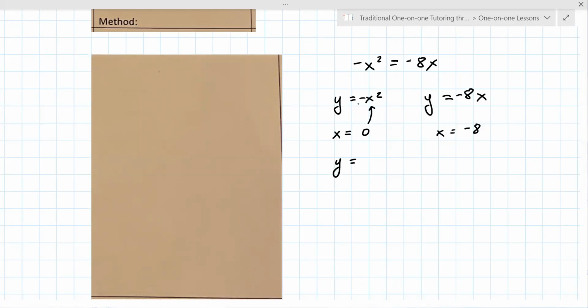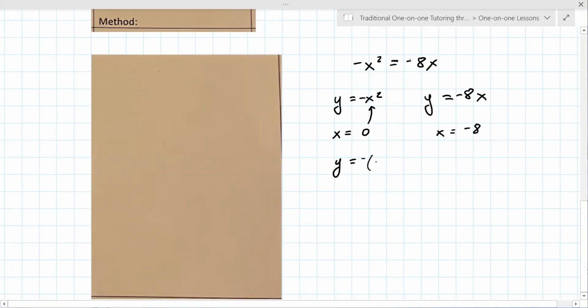If something is unclear, Sourish, please let me know because I can't see you. You're putting 0 in for x. So when x is 0, you're squaring it.